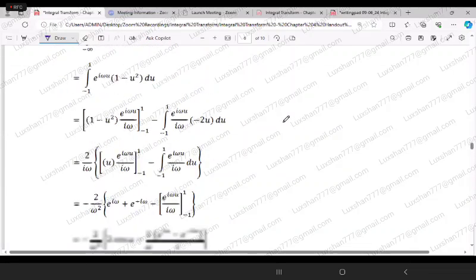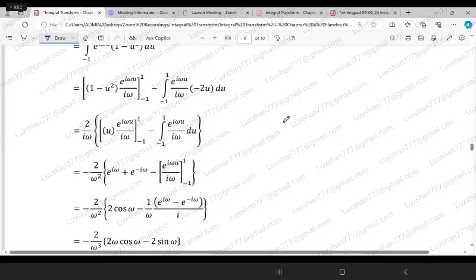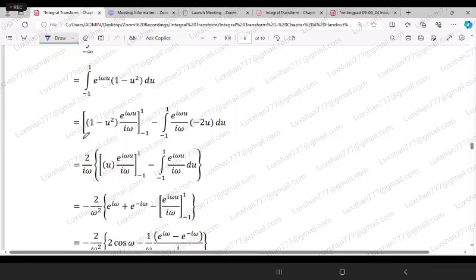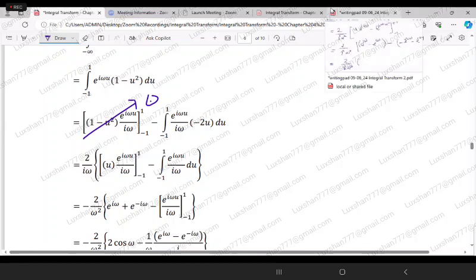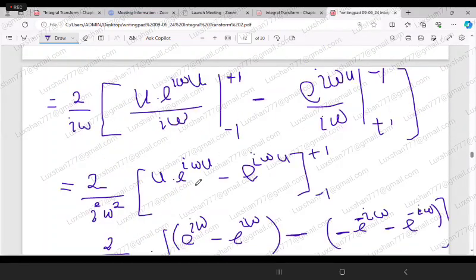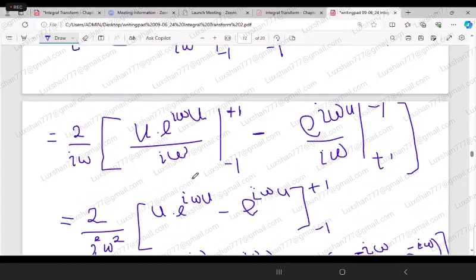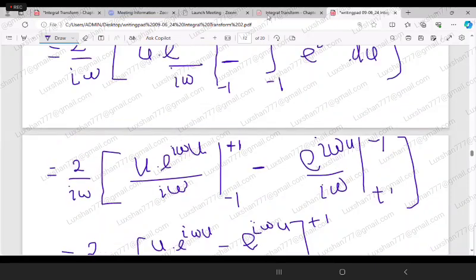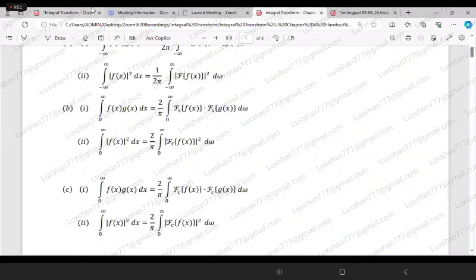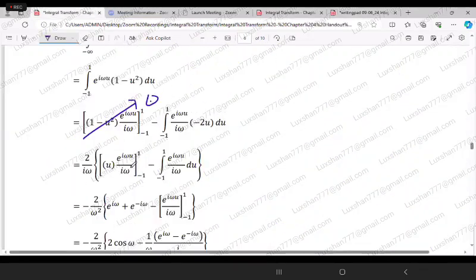Okay, here this part becomes 0. That's true. And then if you integrate this one, we are getting that, no? Omega u into u into i omega. I omega we have already got out. E to the power omega minus this one.